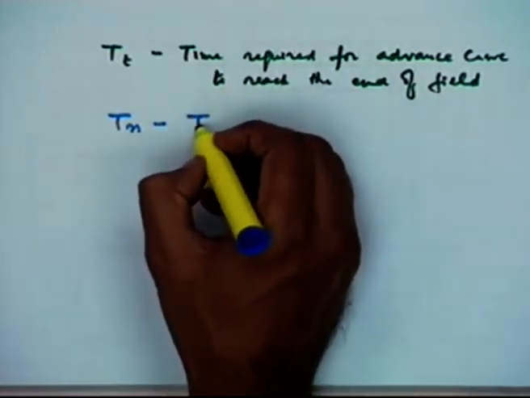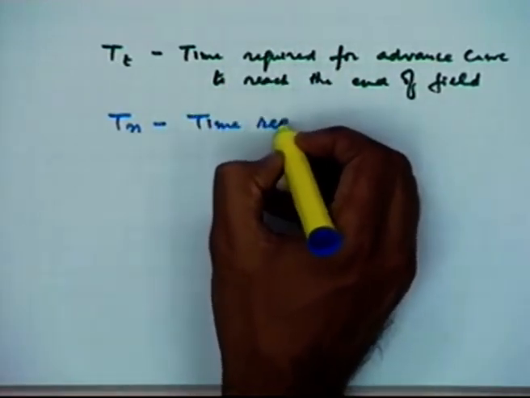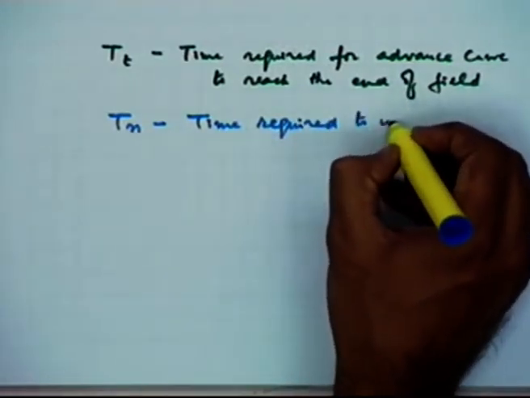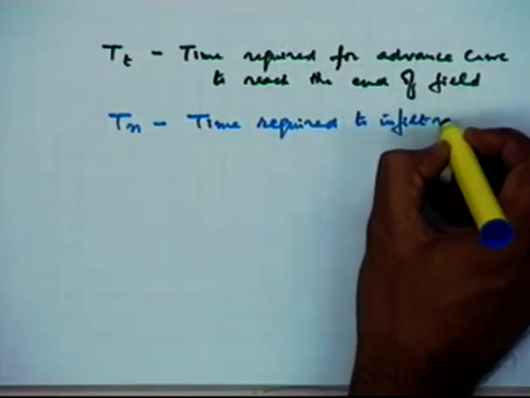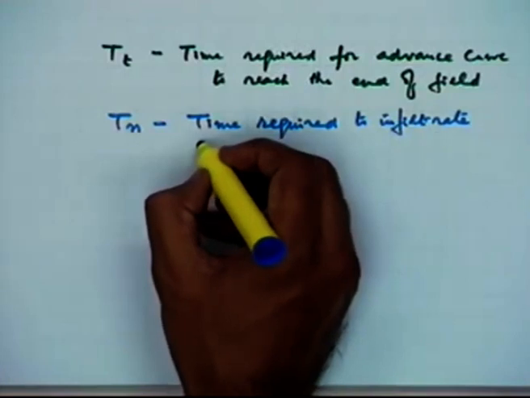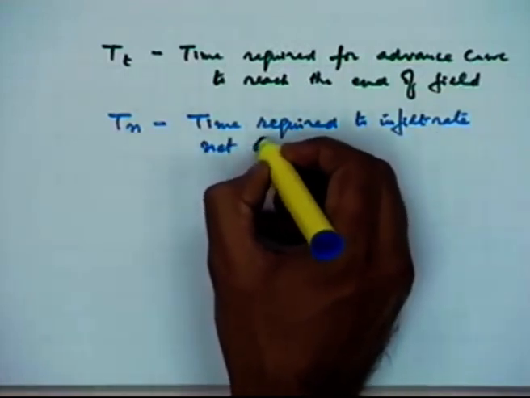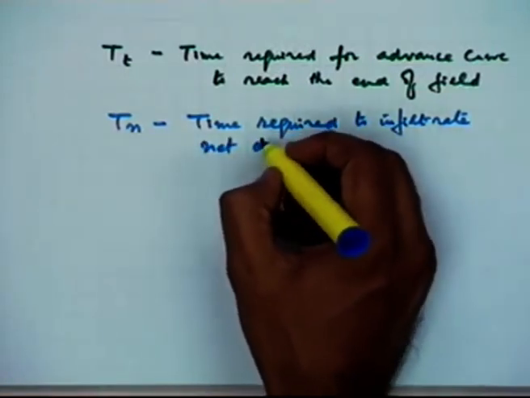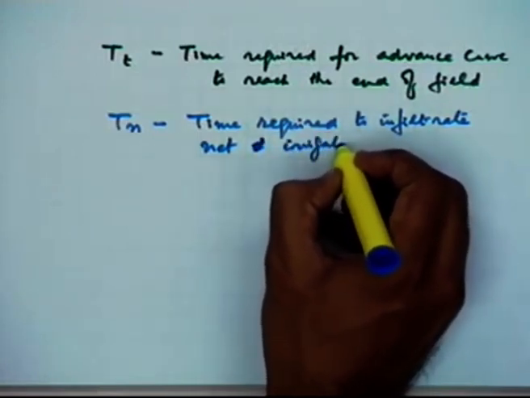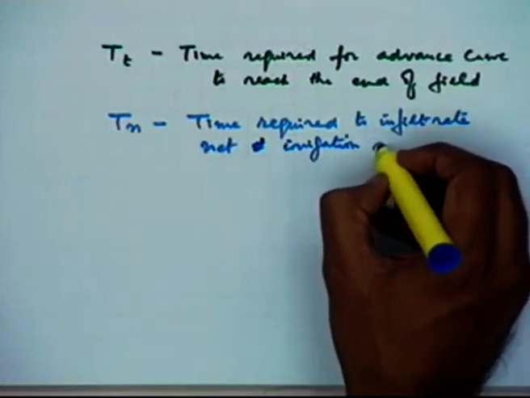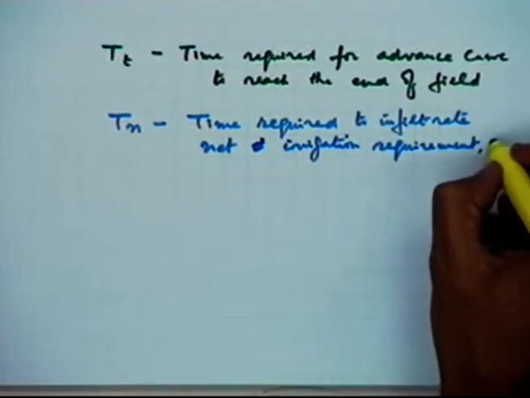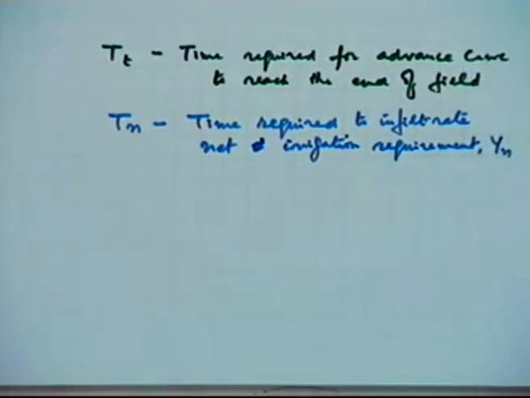And if Tn is the time required to infiltrate the net irrigation requirement, which is Yn.